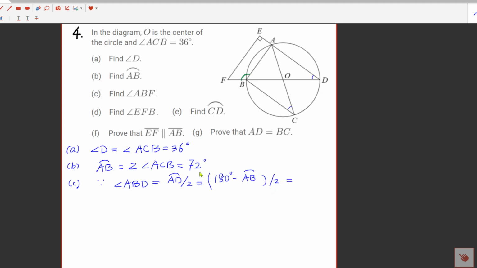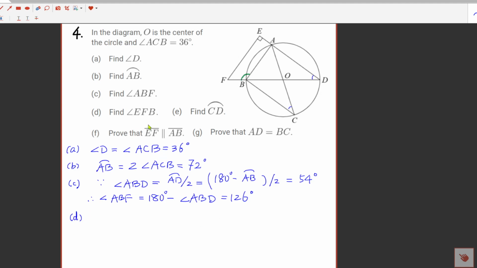And we know arc AB is 72 degrees, so that gives us 54 degrees. And we have angle ABF is simply 180 degrees subtracted by angle ABD, right? And that gives us 126 degrees.